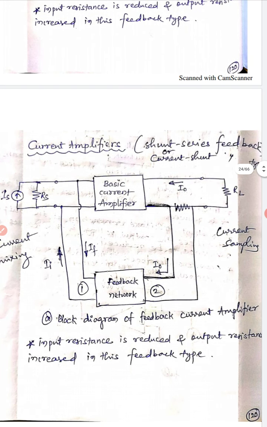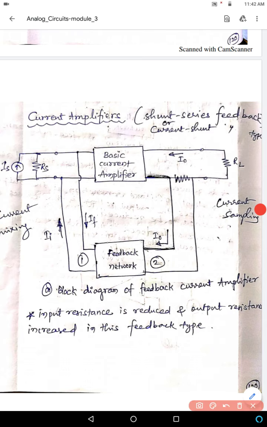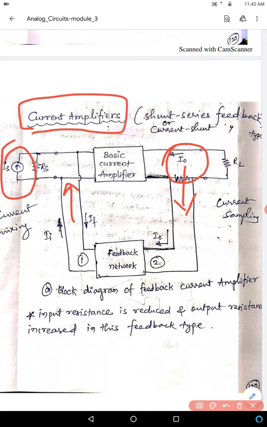And the last one, current shunt series feedback, that is a current amplifier. Here again we are taking the series connection as the output, and we are providing the feedback at the input in parallel. Okay, here in both cases, output is current and input is current, that's why it is called a current amplifier.